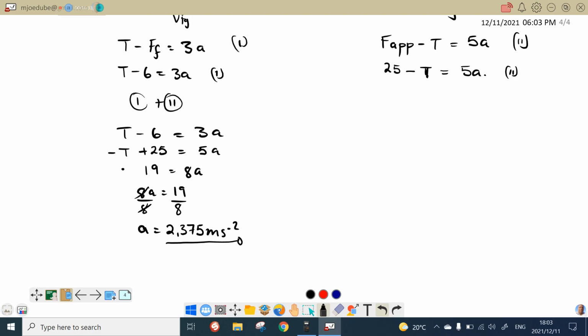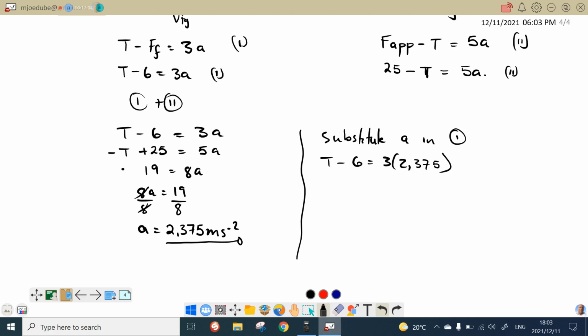Now that you've found your A, you can then substitute for A in equation 1 or 2. It's up to you. So I just use equation 1. So I'll say T minus FF, or T minus 6, is equal to 3 times 2.375. And then what I'm going to get is T is equal to 6 plus 3 times 2.375.